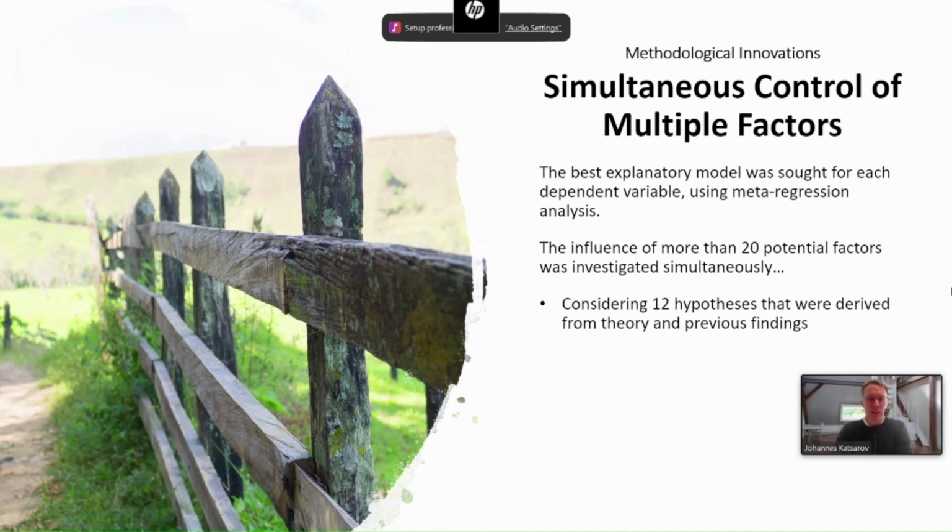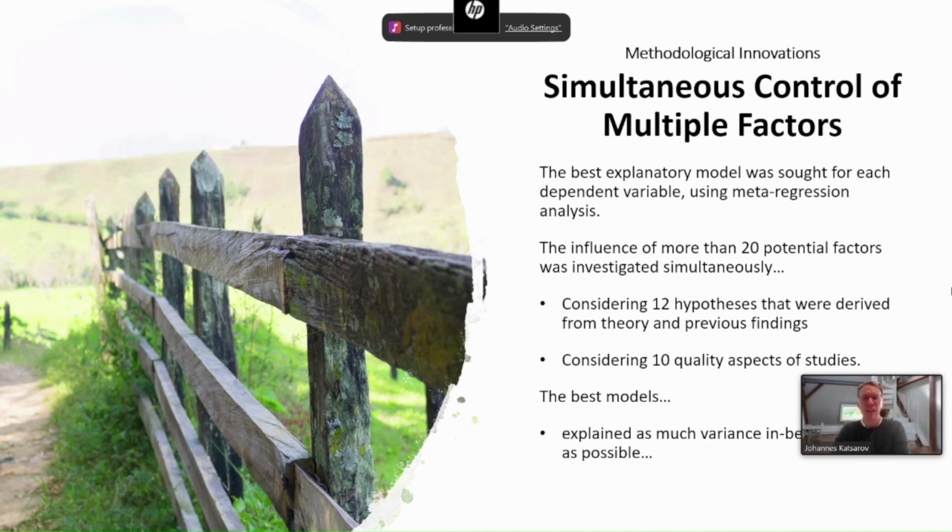We tested these 12 hypotheses that we had developed in this method and considered also 10 quality aspects of the studies, for example, whether they were published in a peer-reviewed journal or whether we found mistakes in the studies, these kinds of things. And we developed the best models for each learning outcome.